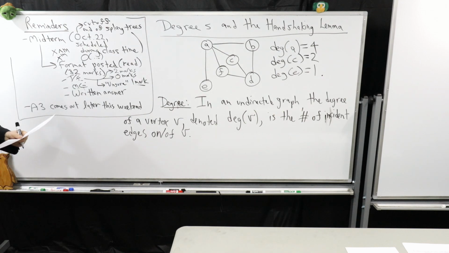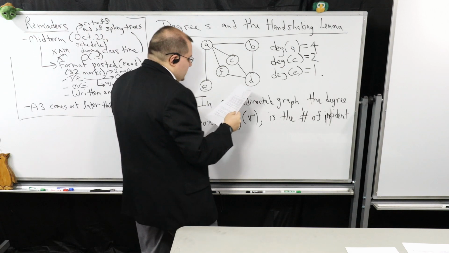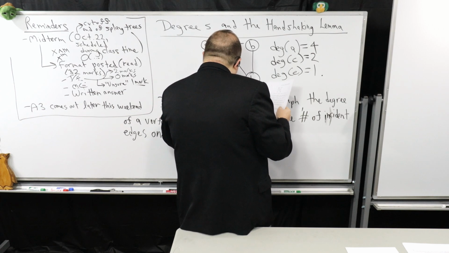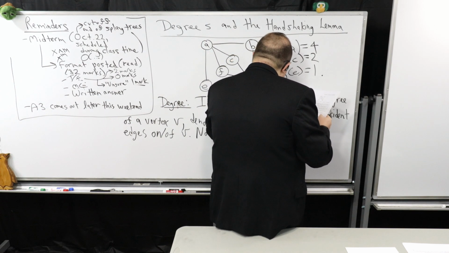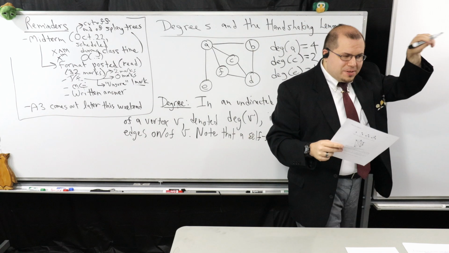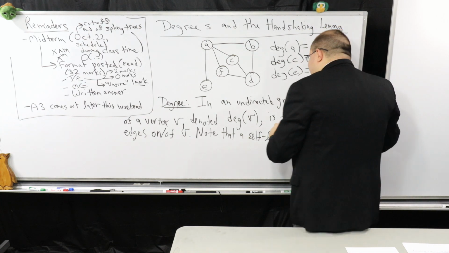So I do want to make one remark. This is more of a convention, but there's a way you can interpret this. Note that a self loop adds 2 to the degree. Remember, I talked about those near the end of last day. Those are those loops where the endpoints are both the same vertex.